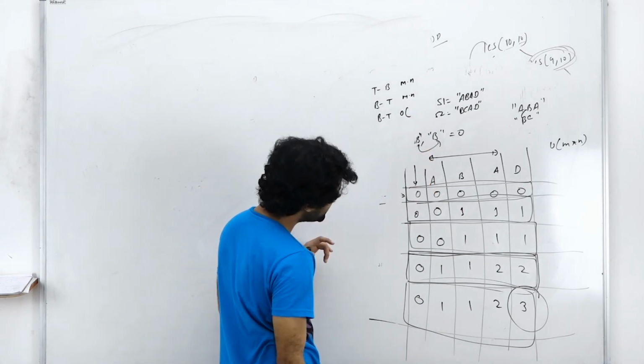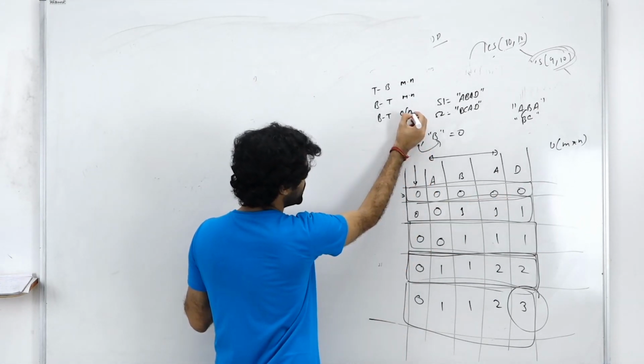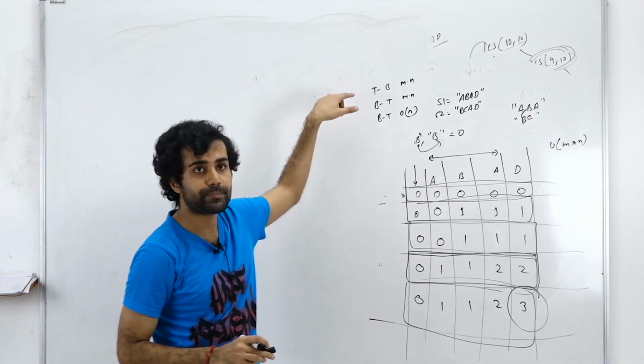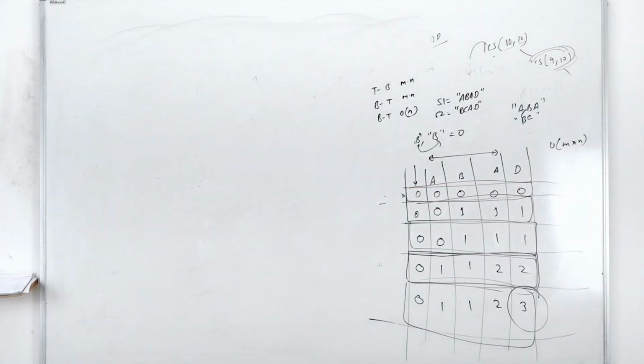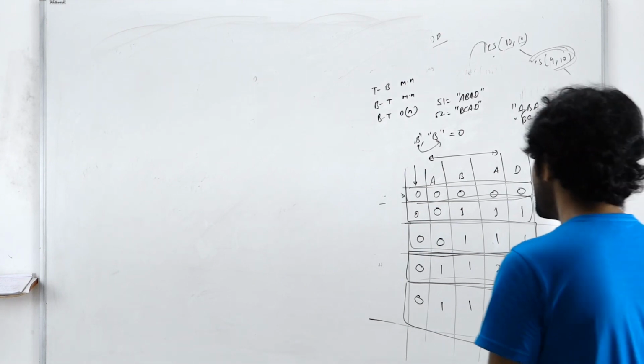How many rows are there? Number of columns is n, so almost order of n. So can I expect all of you to write these 3 different codes for this problem itself? Will everyone be able to write, yes or no? Cool. So please do that. That will be a good confidence booster for you.